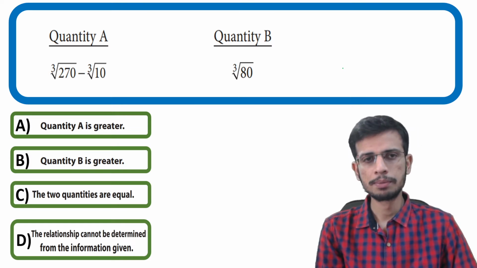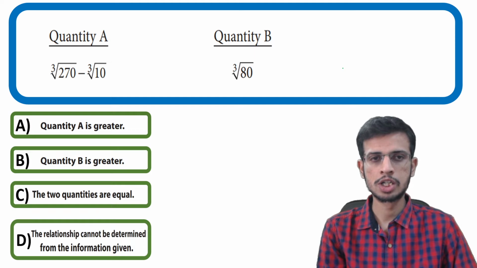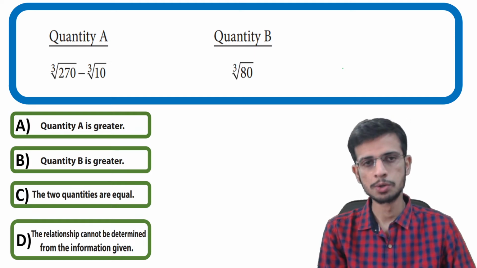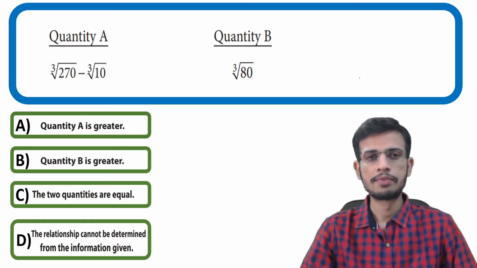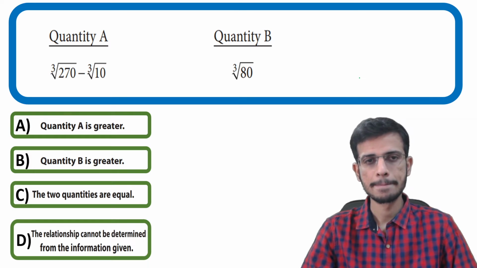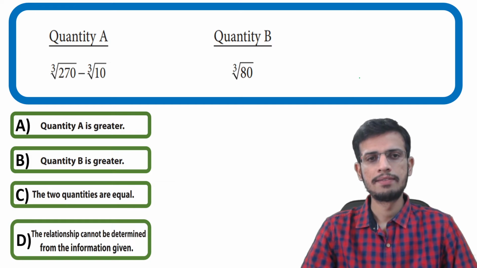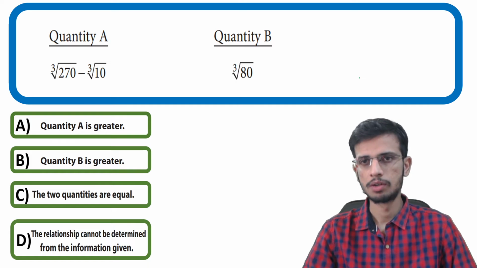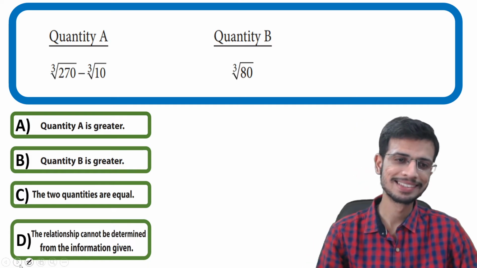So you can pause this video and take 20 to 30 seconds to simplify quantity A, and you can give your answer. We can find cube root of 27. What is cube root of 27?